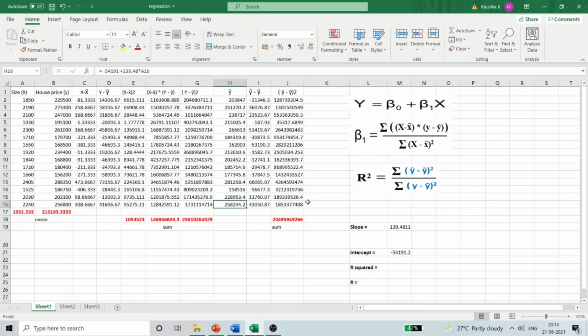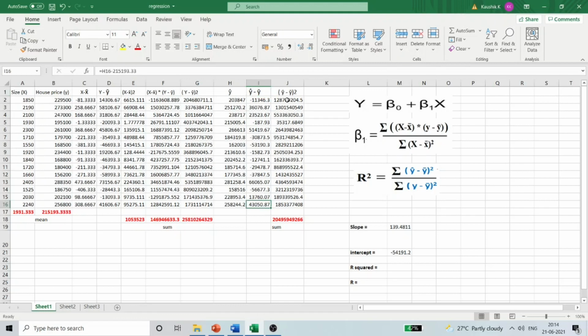Now again we have to evaluate our model, and also check how well the independent and dependent variables are correlated. For that I need to calculate the r squared value and the r value, for which I require to apply this formula. We have calculated everything, I just have to make use of these values. So y hat minus y bar, this is what I get.